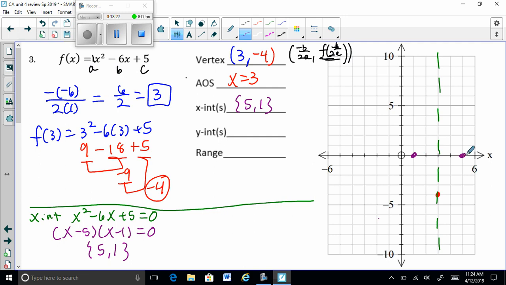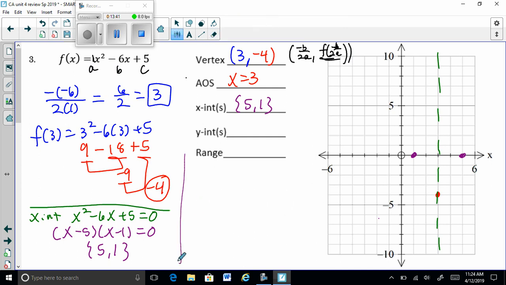There's 5. Okay. And the y-intercept on this is actually super easy. If you want to figure out the y-intercept, in this format, it's pretty easy because if you let x equal 0, everything's going to zero out except the constant on the very end.